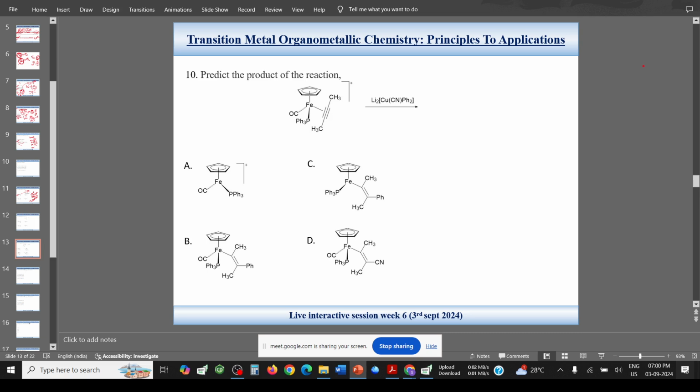Option B, sir. Option B. Okay, so why not option C? In option C, the complex has 16 valence electrons only. It is not stable, I think.